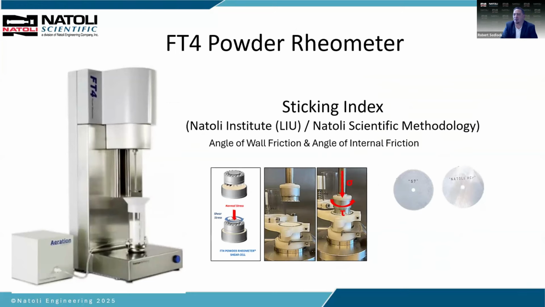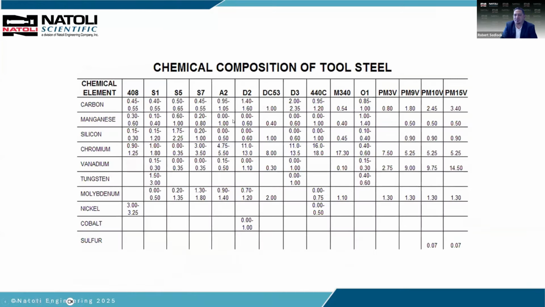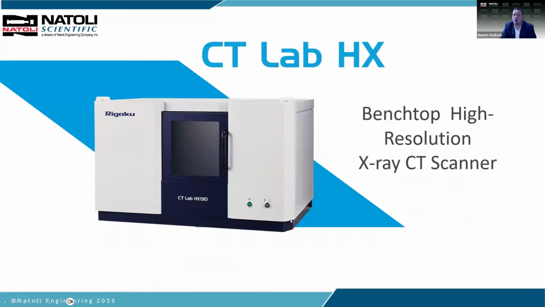So Mike's going to talk about steel types as well. And here's the chemical composition of different steel types at Natoli. For example, M340 has a high chromium content to prevent sticking and releasing that product. 440C as well. Again, this is a whole chart of different steel types that can be evaluated with the powderiometer to prevent sticking.